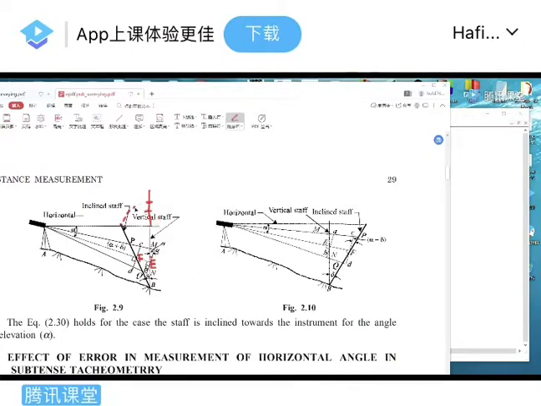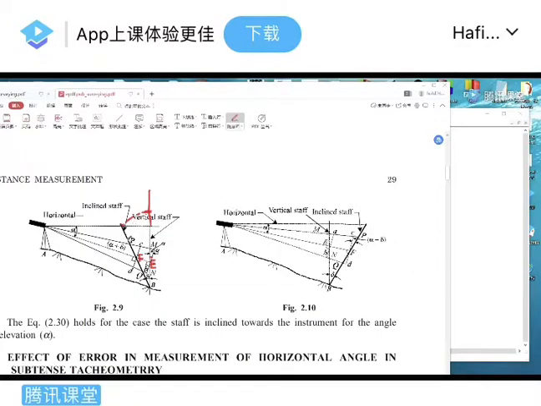It's erasable, this PDF file is erasable. You can erase it, so it's easier. Okay, so without tilting, this point is supposed to be here.